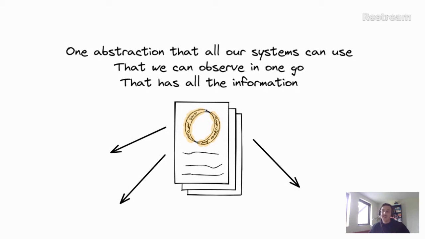And then this can trickle down to the rest of our systems. All our other systems can then use the information from this model to automate it and implement whatever they need to be doing.